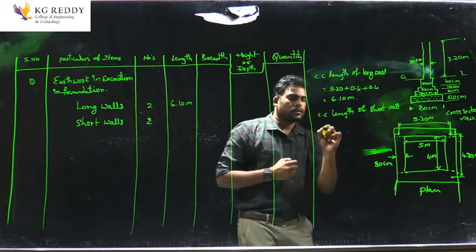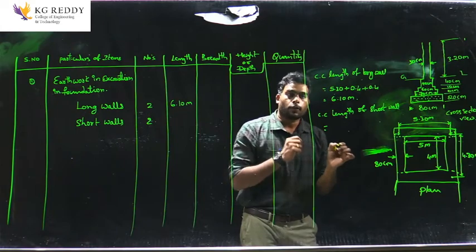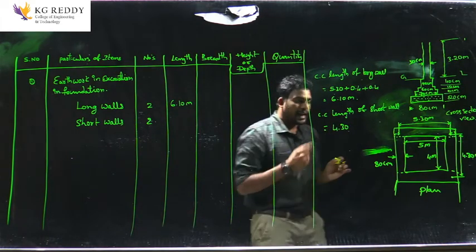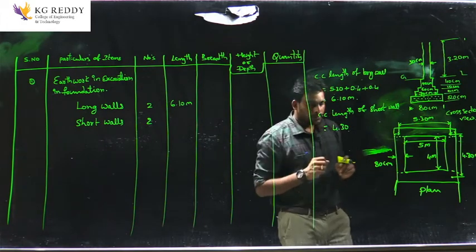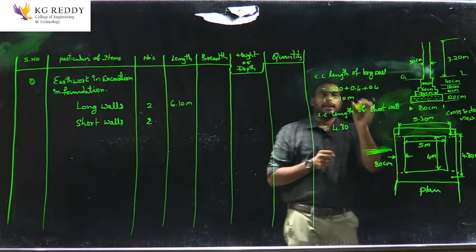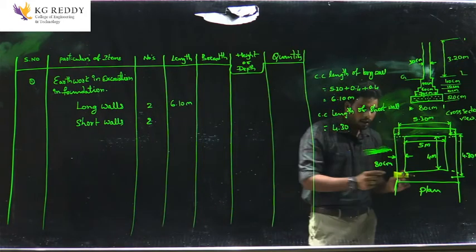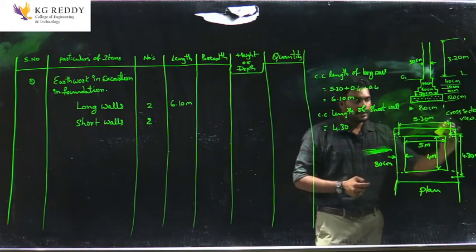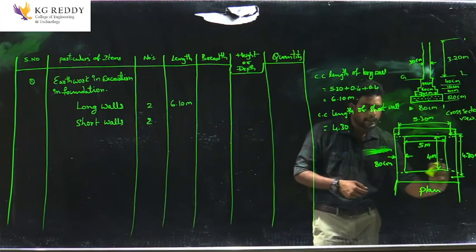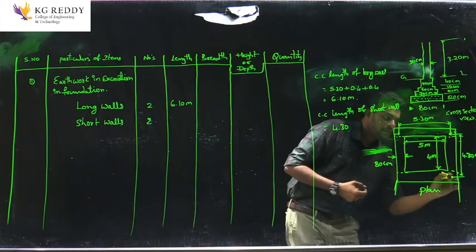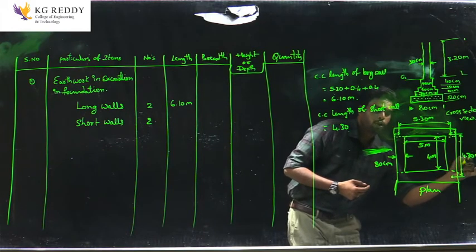We found that it is 4.3 meters, right? And listen carefully here. In the long wall we added 0.4 and 0.4 because of this additional length. Now this portion is completely excavated. So the center to center length of the short wall is 4.3.